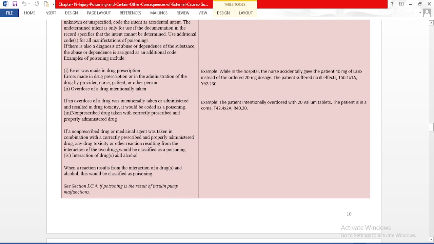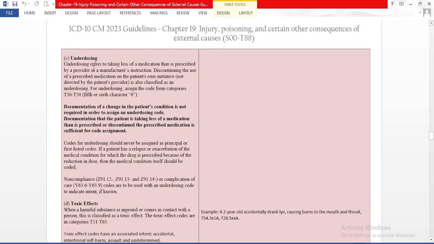So what is underdosing? Underdosing refers to taking less of a medication than is prescribed by a provider or manufacturer's instruction. Discontinuing the use of prescribed medication on the patient's own initiative is also classified as underdosing. For underdosing, we need to assign the code from categories T36 to T50.